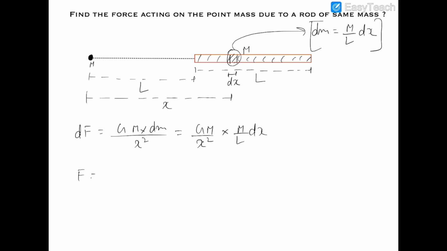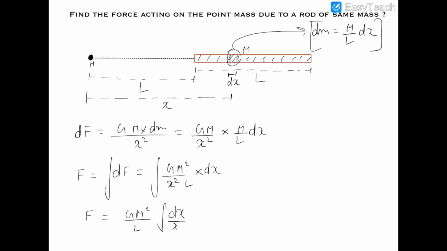The total force F will be the integration of dF, and therefore this is the integration of G m square by L x square dx. So this will be G m square by L, integration dx by x square.